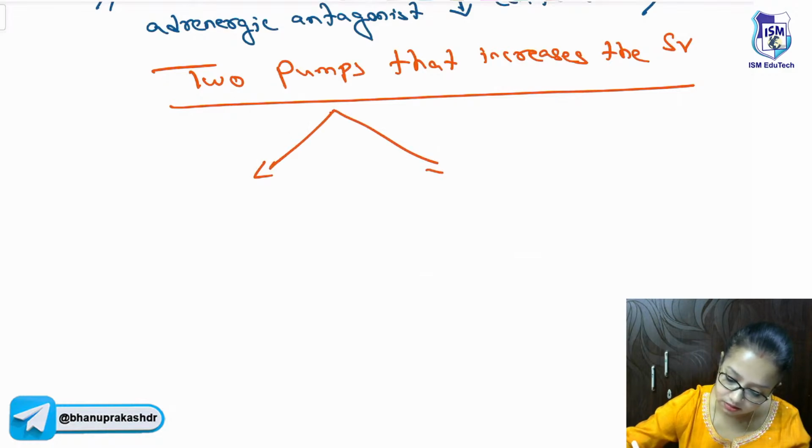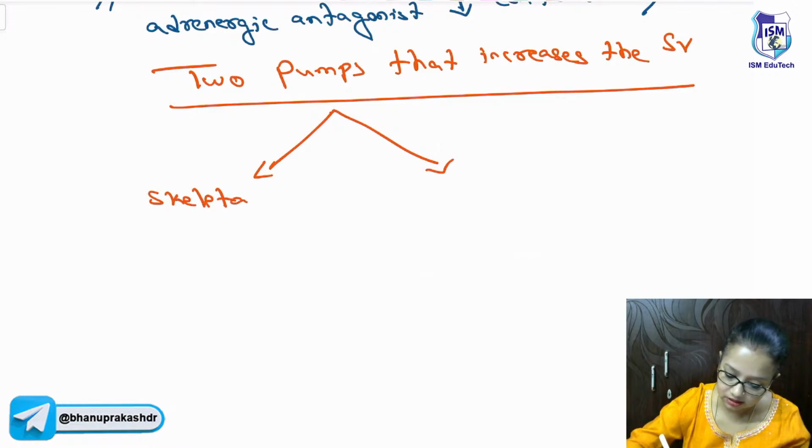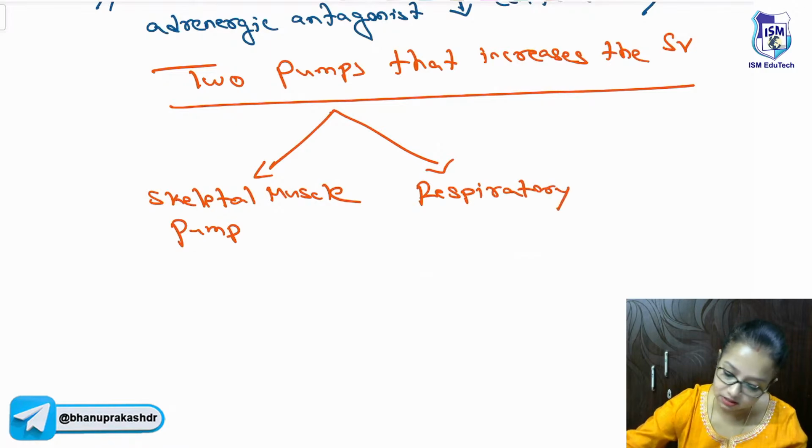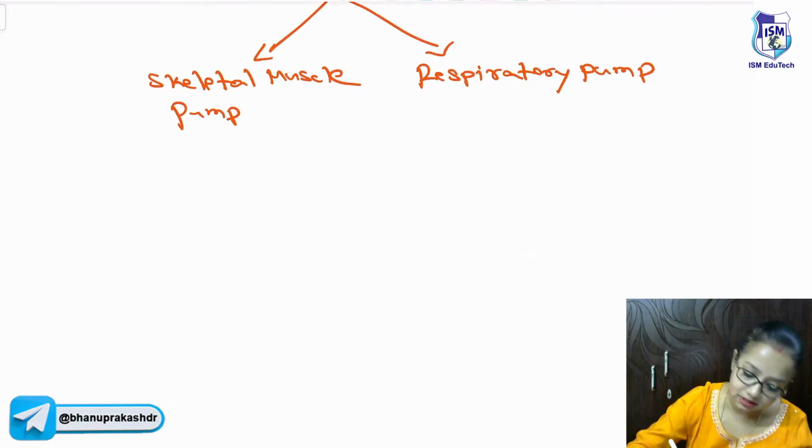One is the skeletal muscle pump. Another is the respiratory pump. Now, what happens in the skeletal muscle pump?